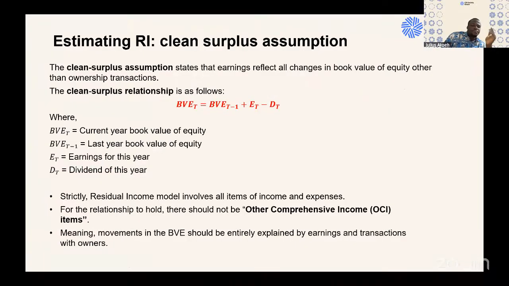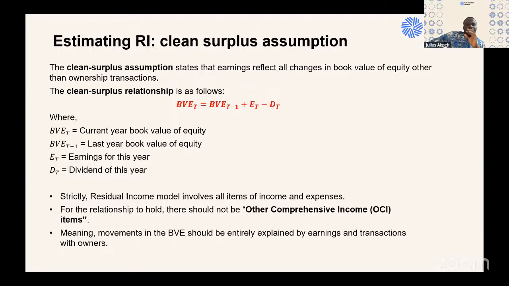Now, forget about the clean surplus assumption for now. Let's talk about this. When we take the financial statement of a bank or of any company at all, we have the statement of comprehensive income, which you know. Then we have the statement of financial position and the statement of cash flow.